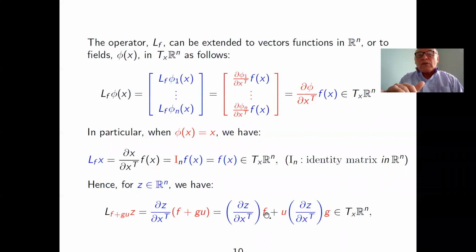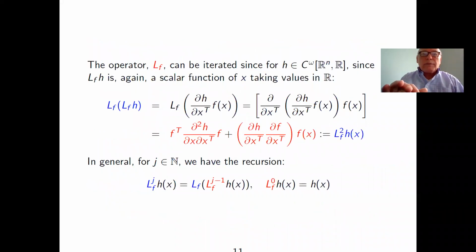And this operation will be linear, so we will have the directional derivative of that vector function with respect to f, and we will have the modulated part of the control acting on that matrix representing the gradients of z projected onto G. So in this manner, we extend the operation LF to vector functions, and that will allow us to immediately, by means of using this very simple function, obtain an expansion of the solution of the differential equation, which is controlled by piecewise constant inputs, and see if we can discretize that exactly.